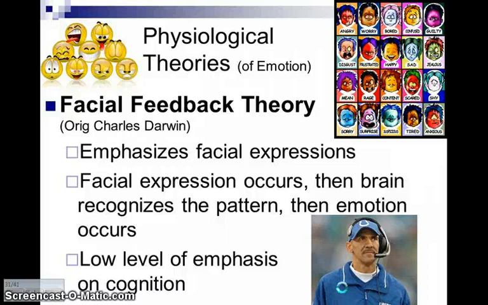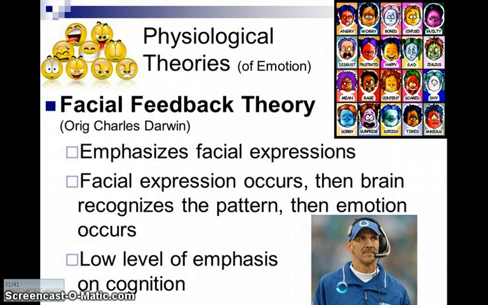Now again, this would be a very low level of cognition. Our brain is kind of pre-programmed to understand certain facial expressions. Now, again, if you evaluate this one, take for example a coach like Tony Dungy. If you ever watched him coach the Colts, he rarely ever reacted with any type of facial expression.